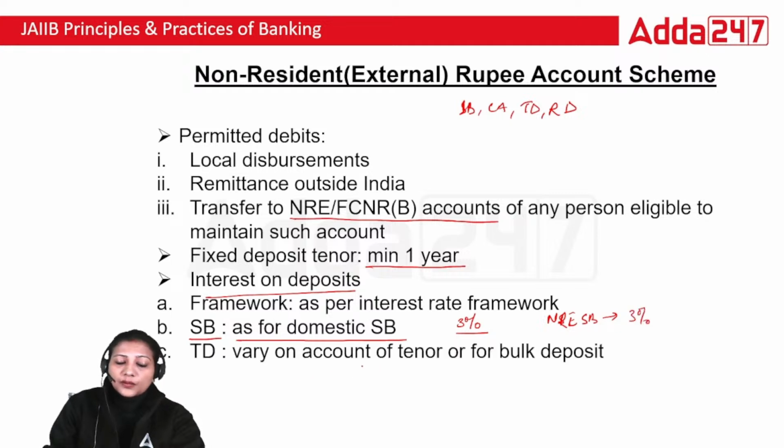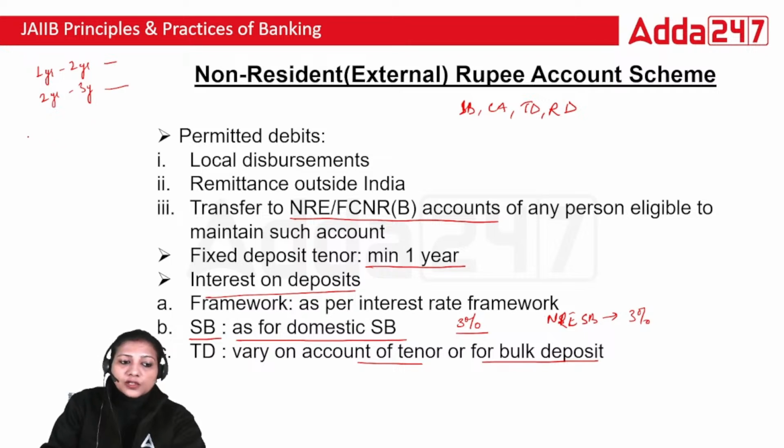TD account will vary on account of tenor or for bulk deposit. We all know that we have different rates for different tenors. For 1 year to 2 years, the interest rate is different. For 2 years to 3 years, it will be different. So this will be applicable in case of NRE TD account also.